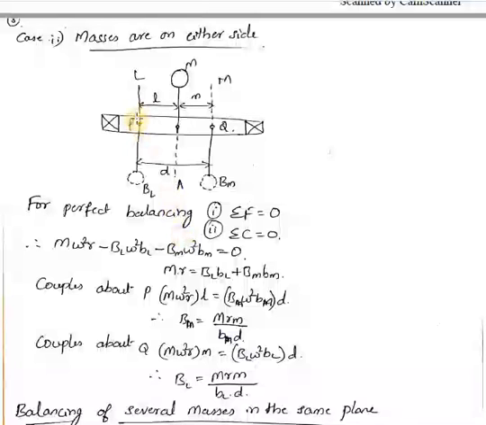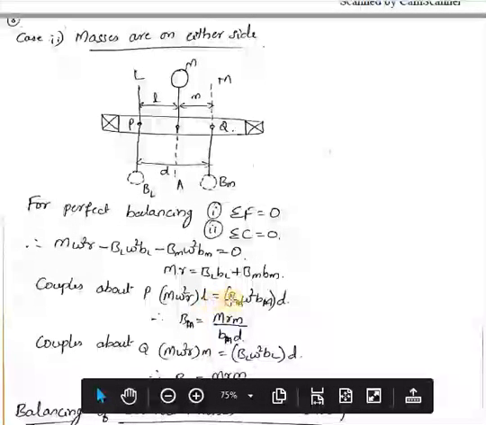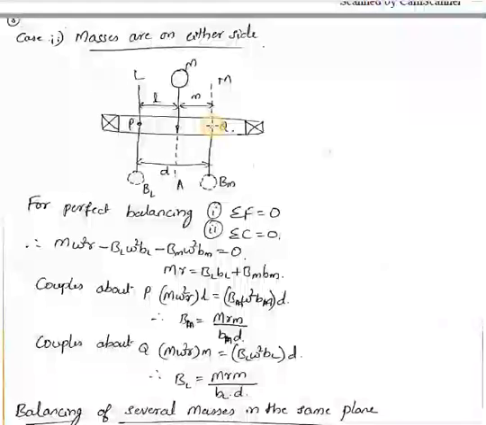Now taking the couple about this point P, M omega square r into l would be equal to BM omega square bM into d. When you are taking the couple about this point P, you have to ignore this BL. When you are taking the couple about this point Q, you have to ignore this BM.